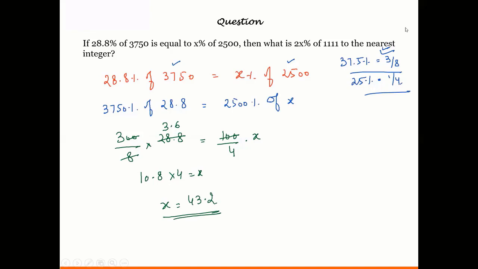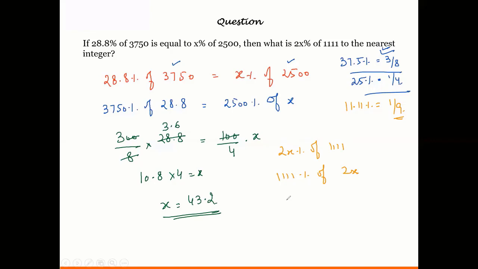Now, what is the question asking you? Let us move to that part. The question is asking you what is 2x% of 1111. So again, it should come to your mind that 11.11% is equal to 1 by 9. So when I say 2x% of 1111, it is as good as 1111% of 2x.